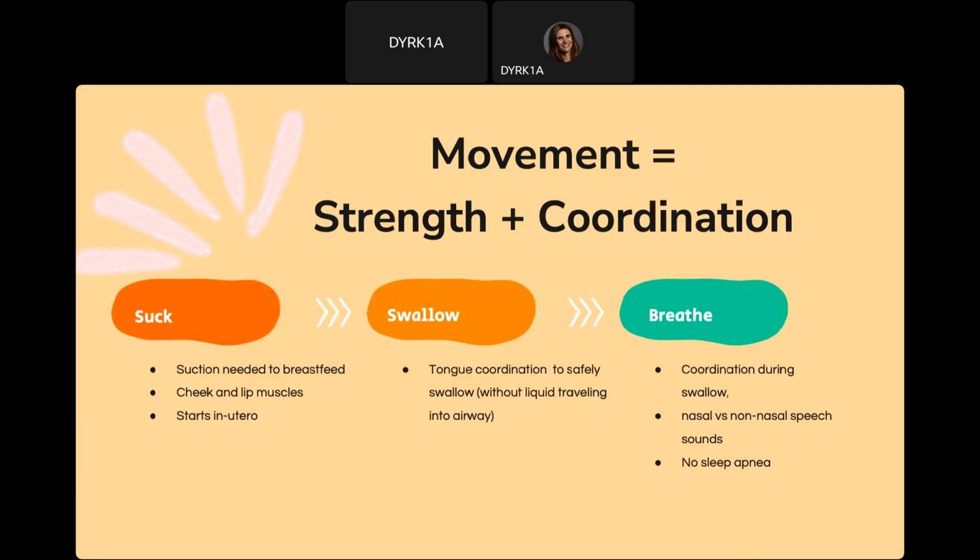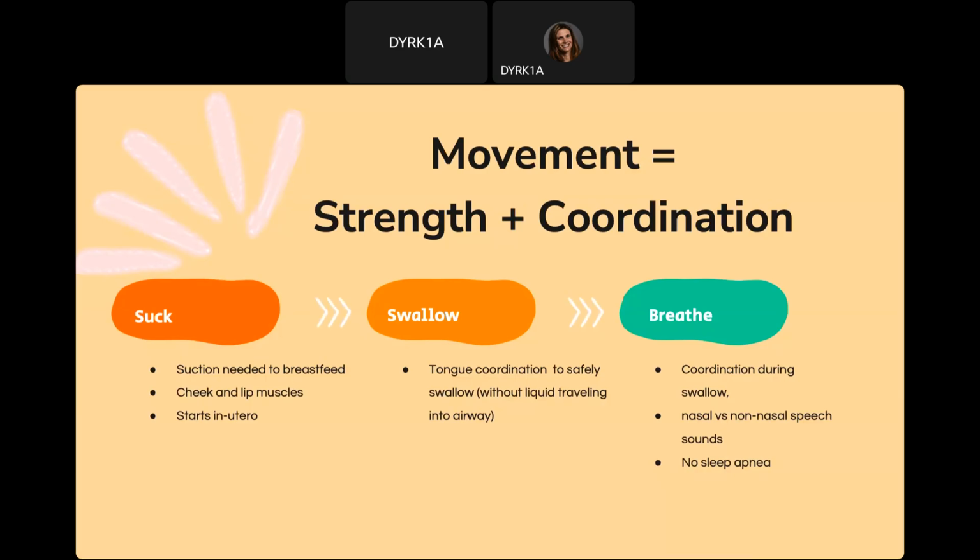And then I like to think of movement as strength and coordination. I am not a dancer, but if I was watching somebody dance really well and I was like, that's really cool, I would like to do that, I need enough strength if they're going to do some cool move.